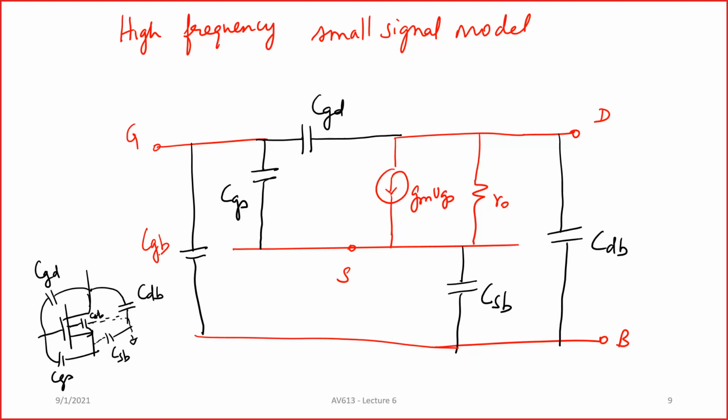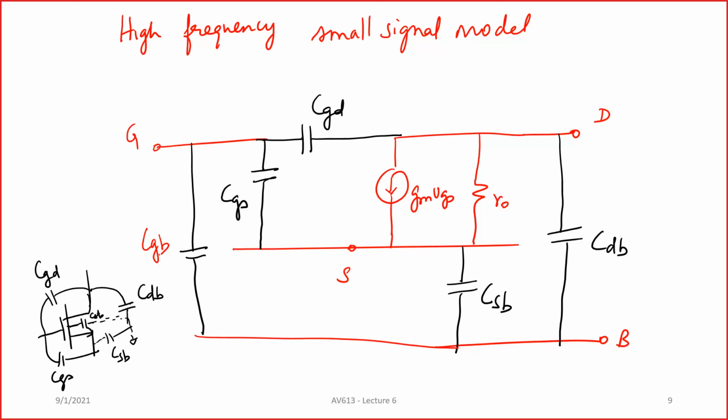All right. Now there is one more factor. So far we have talked about the low frequency small signal model of the device, and we also looked at the high frequency small signal model of the device, right?